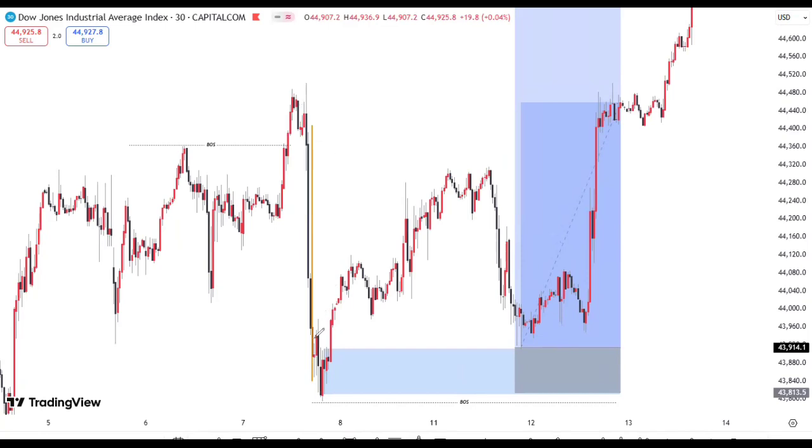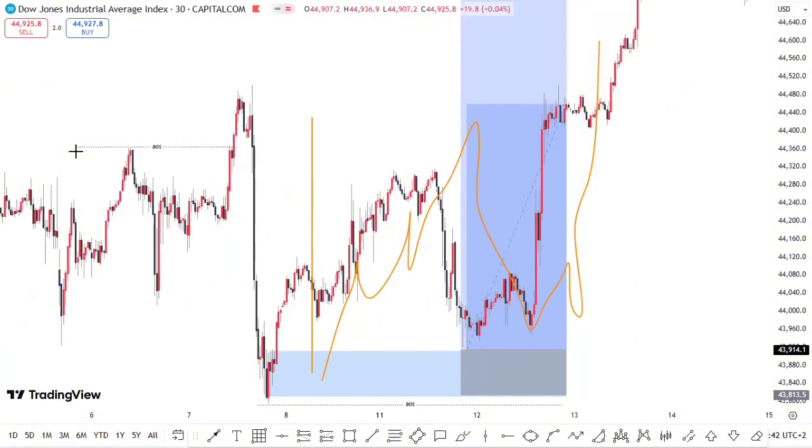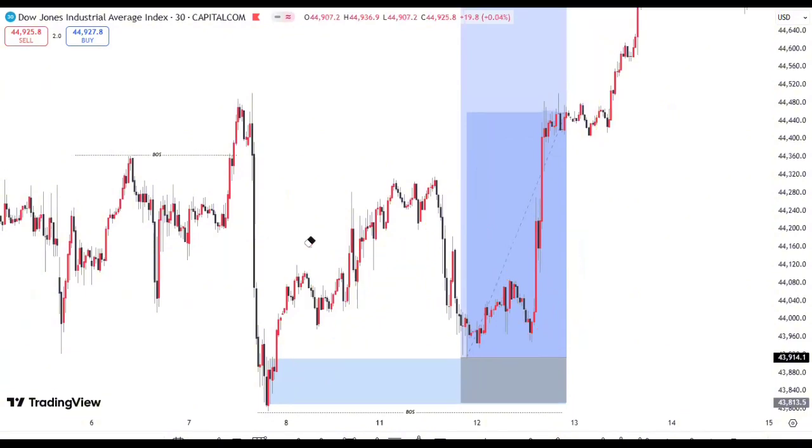So here we had a correction, impulse, correction, impulse, correction, impulse. So I'm going to take there, since I was talking about the trend line liquidity.